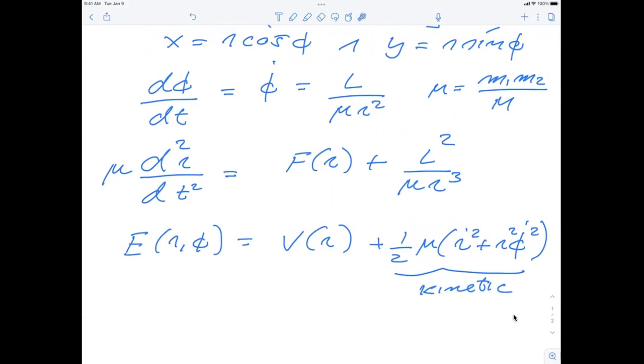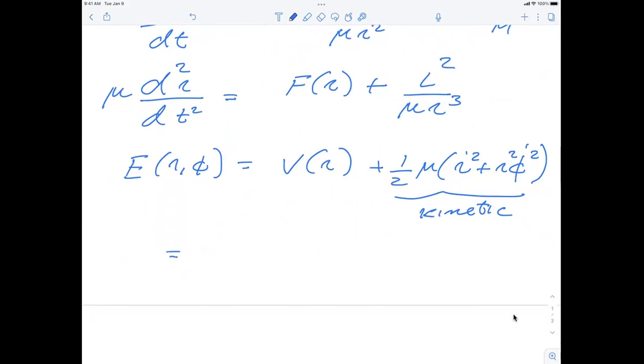So what we're going to do now is to use this relation here, in here, and then we are going to rewrite the equation in terms of a kinetic energy term, which depends only on the radial velocity, plus one term, which is V of r, as before, but then we have plus 1/2.